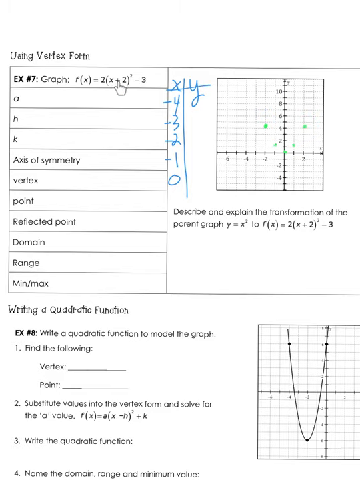So -4 plus 2 is -2. Squared is 4, times 2 is 8, minus 3 is 5.